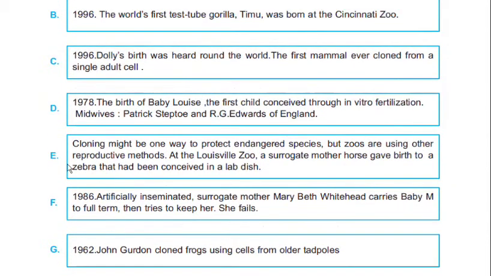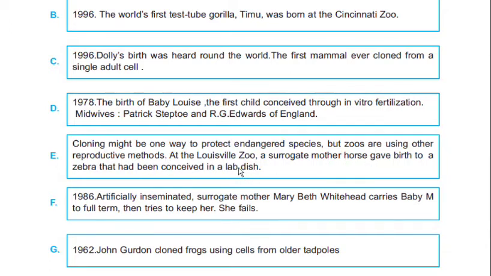Cloning might be one way to protect endangered species of animals or plants that are in danger of extinction. We might have no more animals of one species, and that's why we can use cloning to save them. But zoos are using other reproductive methods.